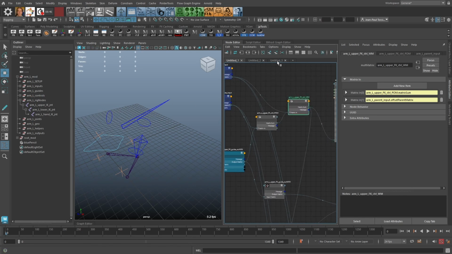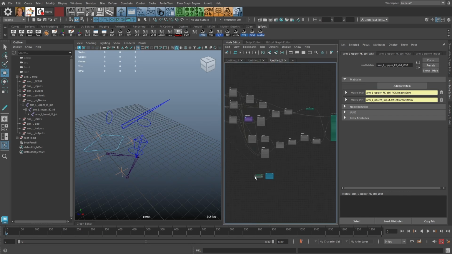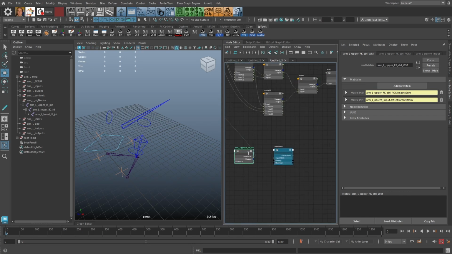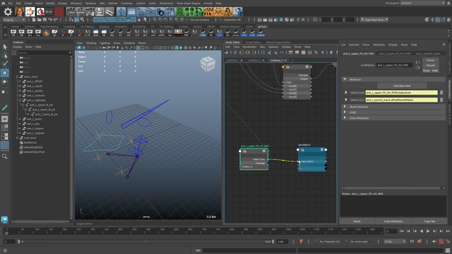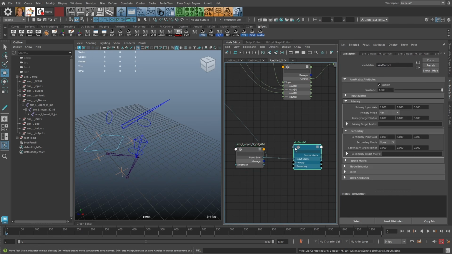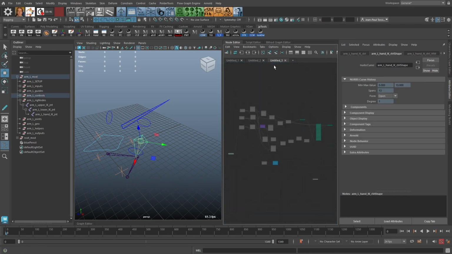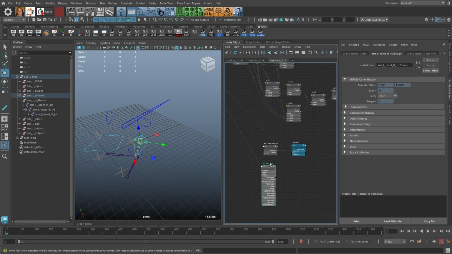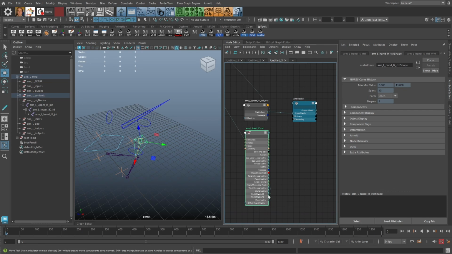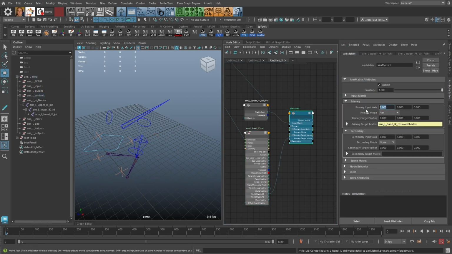So we take this node, add it here, and we take that and put it into the input matrix. And then we take the hand control, IK hand control, and we take the world matrix plug and plug it into the primary target matrix. And then we say we want the x-axis to aim at this position, so that's correct.